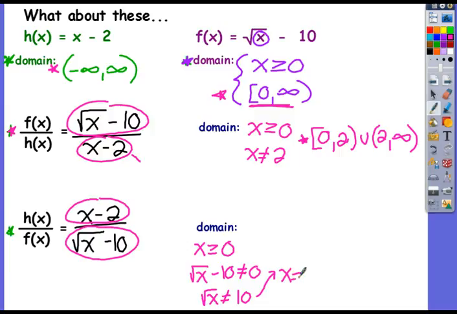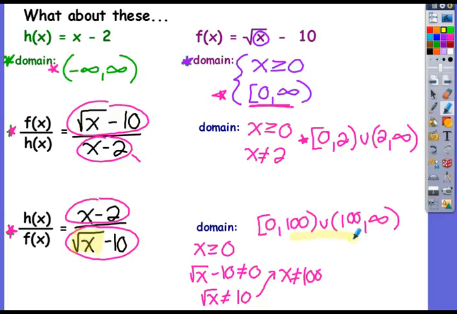So x cannot equal 100, because if I inputted 100 in the denominator, I would have the square root of 100 minus 10, or 10 minus 10, which would give me 0, and I can't divide by 0. So for h of x divided by f of x, my domain, I can't have any negatives because of this piece, and then I also can't have 100 because that would cause me to be dividing by 0.